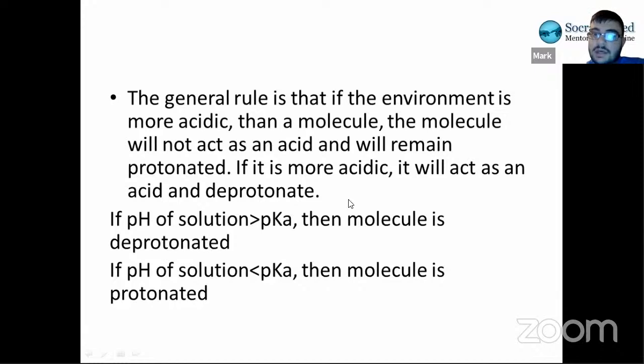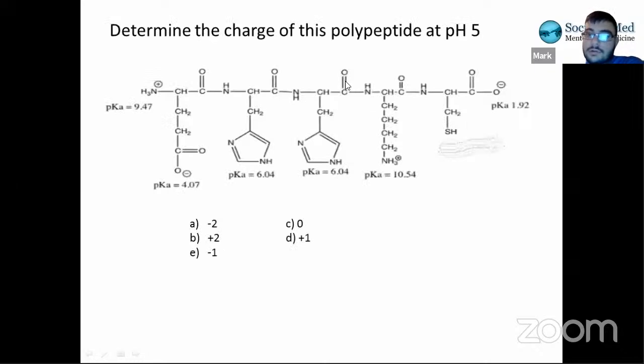If the pH is less than the pKa, remember, if pH is lower, that means the surroundings, the environment, is more acidic than the molecule. That means the molecule will become protonated because it's acting as a base rather than an acid. If the pKa is lower, that means the molecule is acidic. Exactly, yes. So in here, the pH is 5 and the pKa is 6.